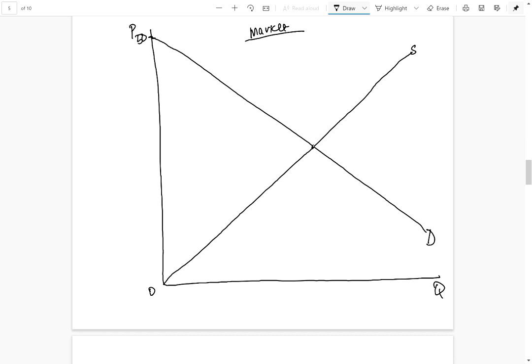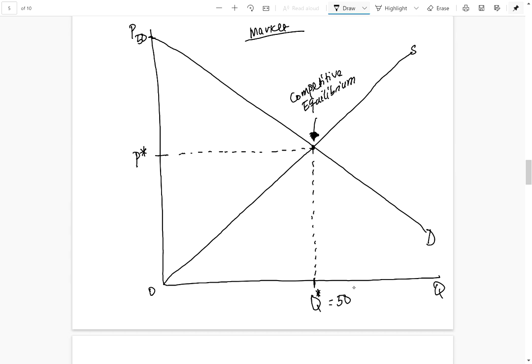The point where they intersect is our competitive equilibrium. At competitive equilibrium, that should be a triangle. So that we get our P star and Q star. Remember that from your principles. P star and Q star is the price that sets quantity demanded equal to quantity supplied. So we have that as 50 and we have this as 25.